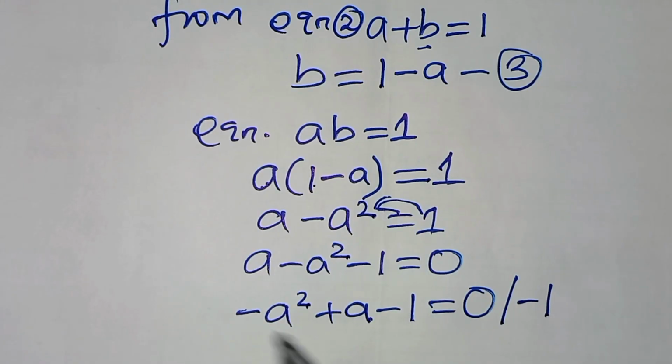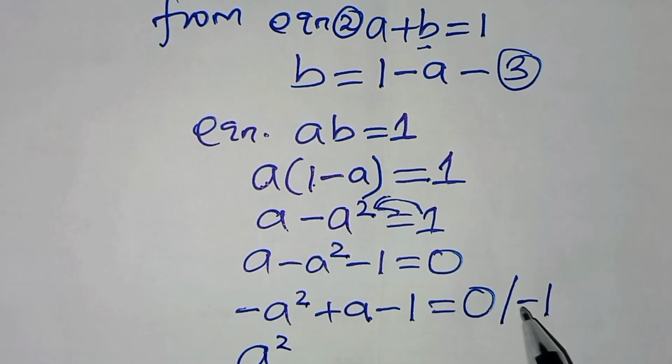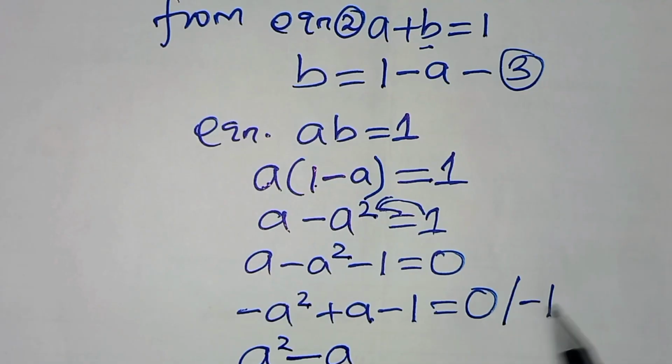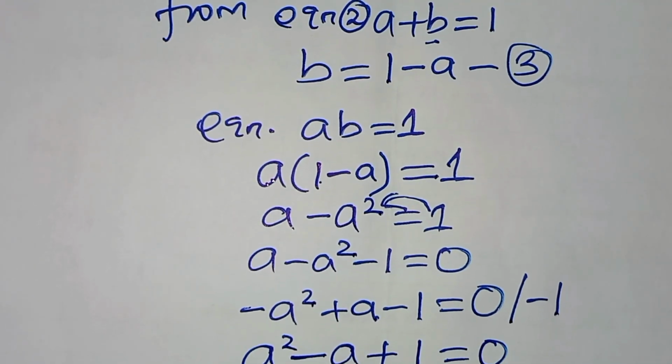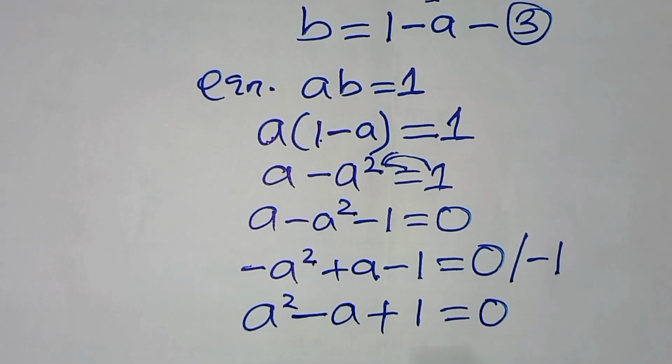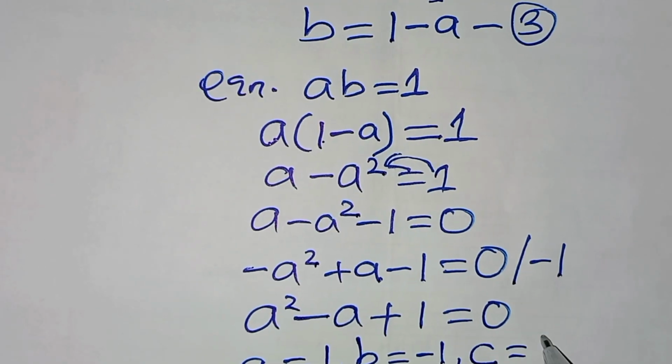So negative 1 times negative a squared, which is a squared, and then we have negative 1 times plus a, that means this is negative a, then minus 1 times minus 1, this is plus 1, this is equal to 0. Now this is a quadratic equation with a equal to 1, b equal to negative 1, and c equal to 1.